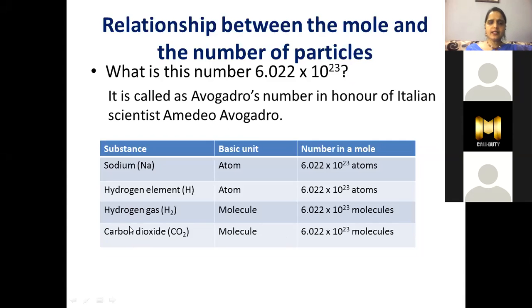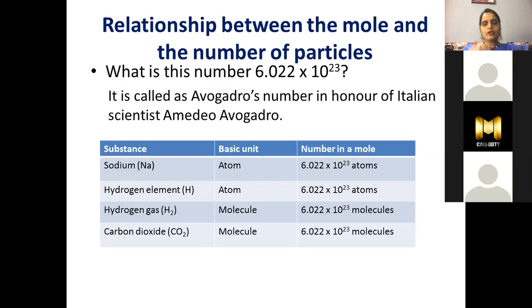Now, let us take another example: carbon dioxide. We discuss carbon dioxide so much, isn't it? Since childhood, we have been discussing how its percentage is increasing in the atmosphere and how it is causing global warming. Carbon dioxide is a compound made up of carbon and oxygen, so its basic unit is a molecule.